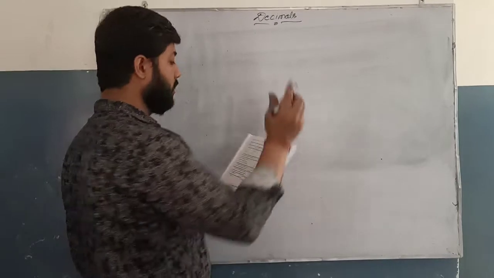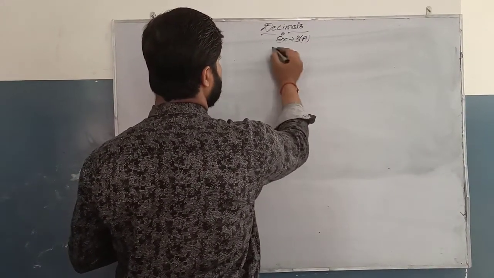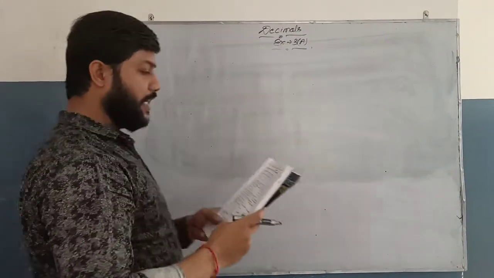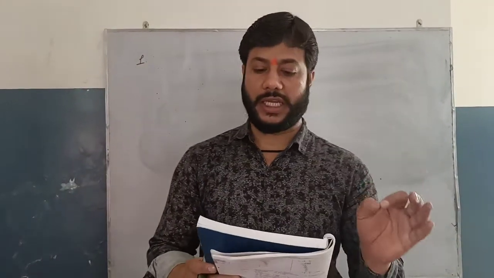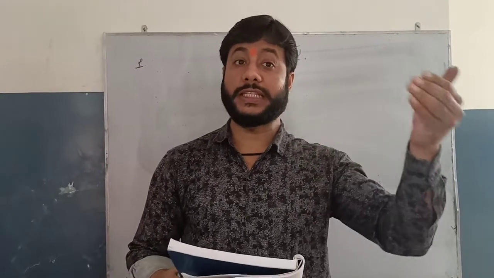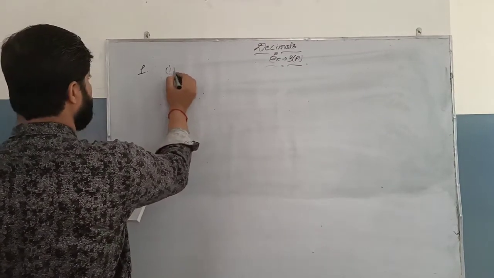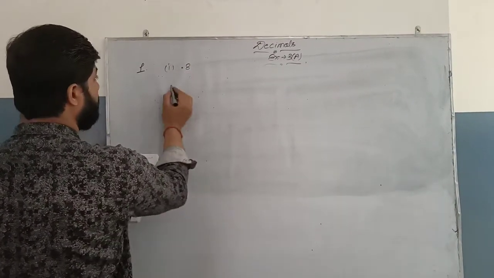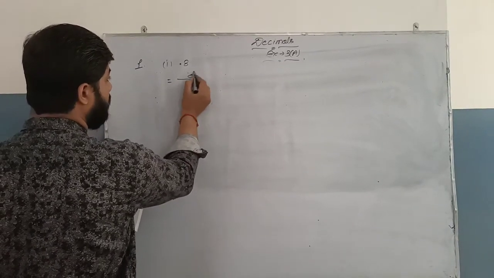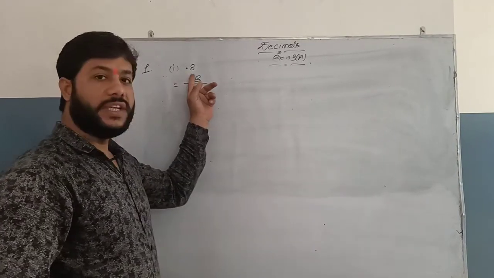Now we move to exercise 3A. The first question says, convert each of the following decimals into a fraction in its simplest form. The first question is 0.8. For the denominator we will place 1 and see the number of decimal places.